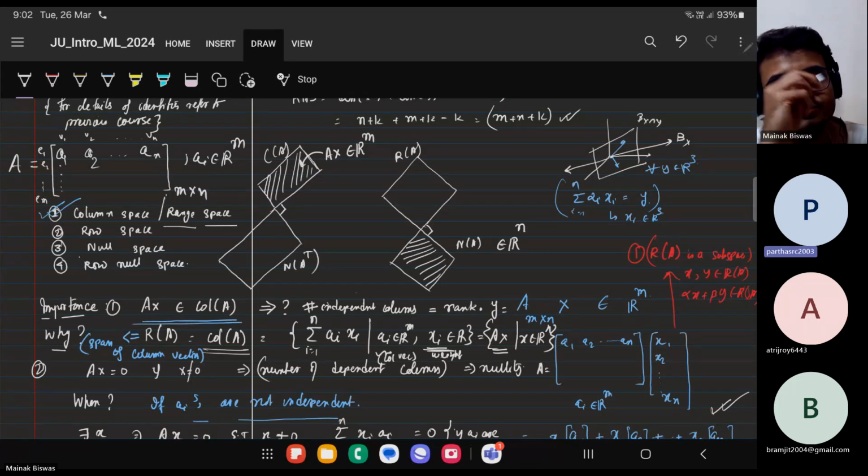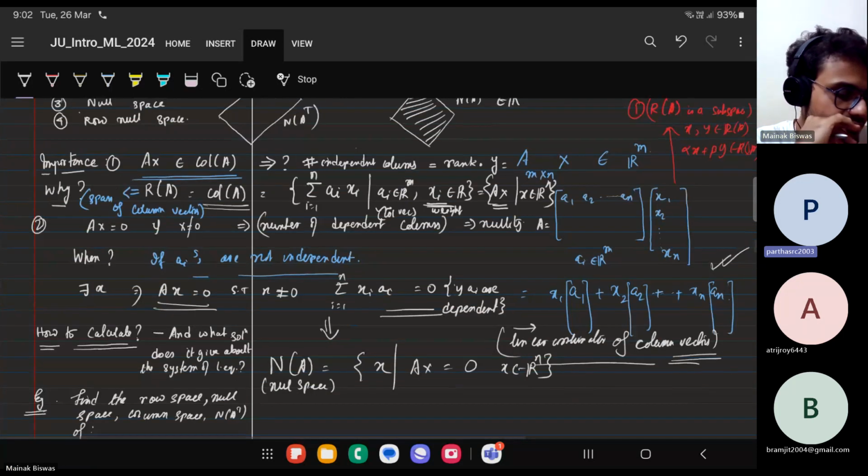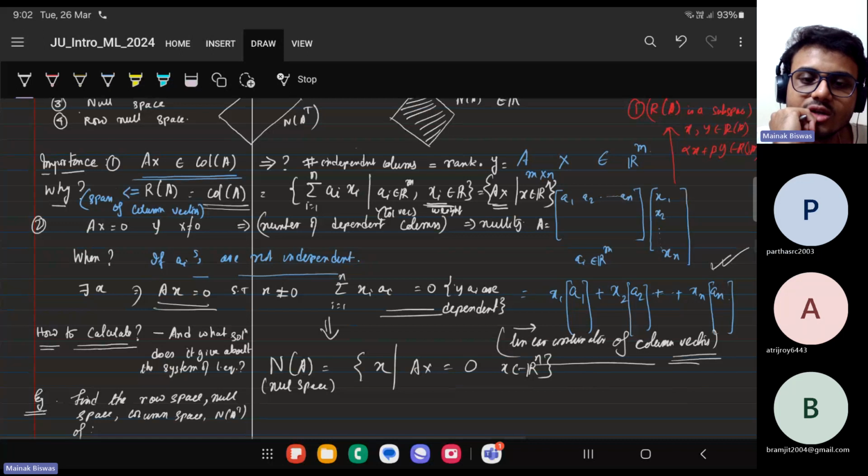I will show it's a subspace, but for the time being, think it is a subspace. So null spaces are collections of x's for which the a_i's are dependent, for which the linear combination of columns is equal to 0, or the matrix vanishes if you multiply with the vector.